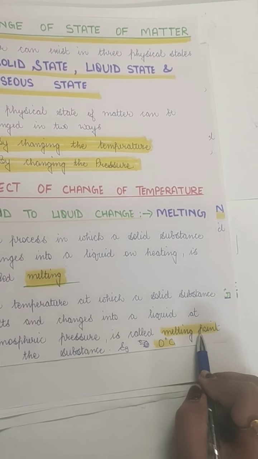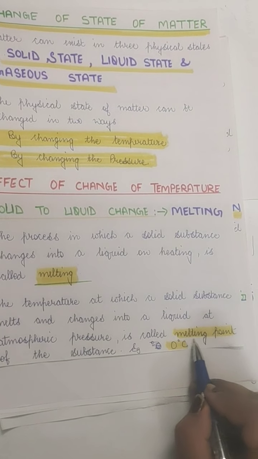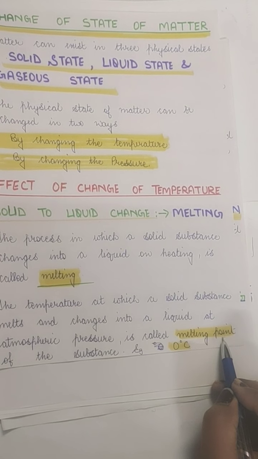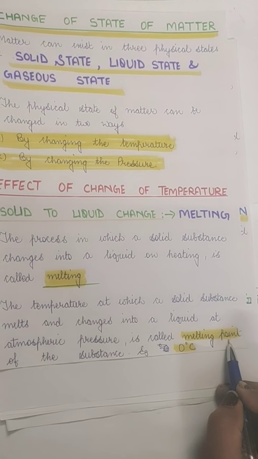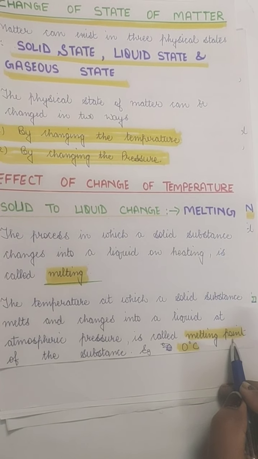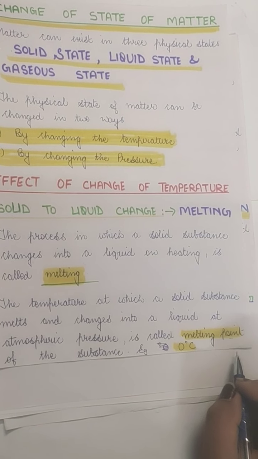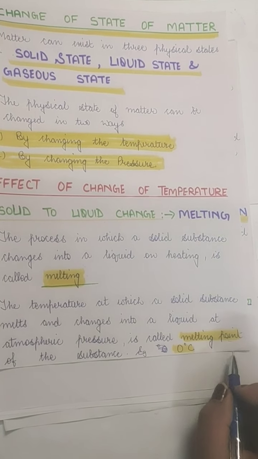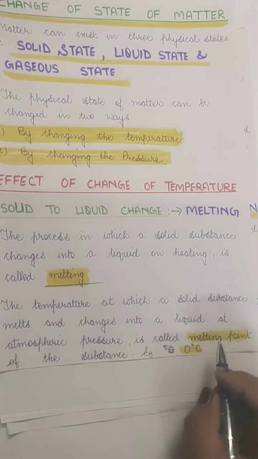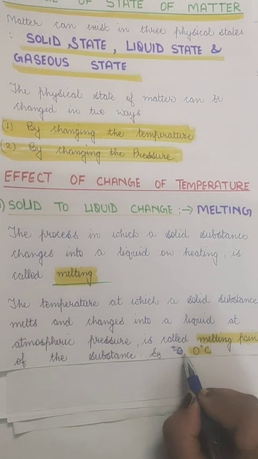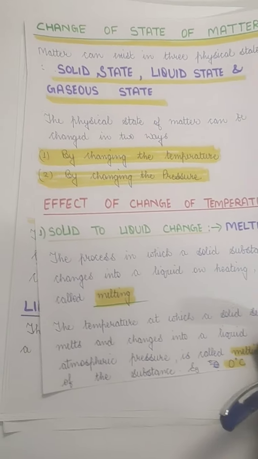Melting point depends not only on water but also on other substances. The melting point of iron will be different, as will that of sugar and salts. Any solid which converts into liquid at a particular temperature, that is called the melting point. For example, the melting point of ice is 0 degree C.